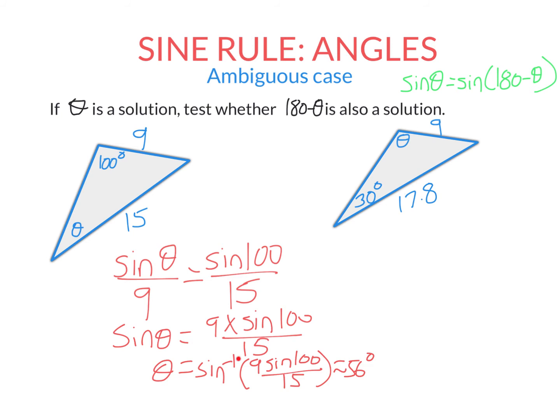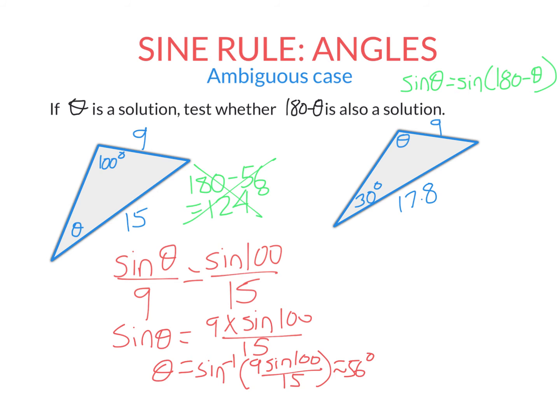Putting all of this on our calculator, we get the answer 56 degrees. So we need to check if 180 minus 56 is also a solution. But 180 minus 56 is 124 degrees. Now, theta can't be 124 degrees because the angles in a triangle add to 180, and 124 plus 100 is way more than 180. So in this case, there's no ambiguous case.